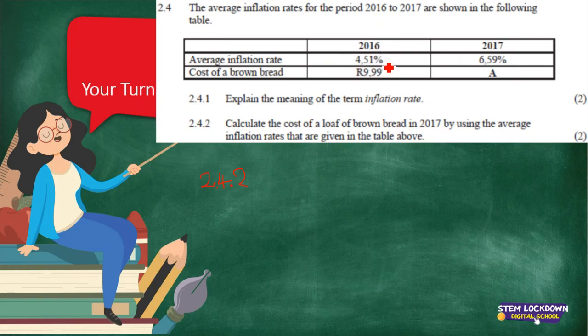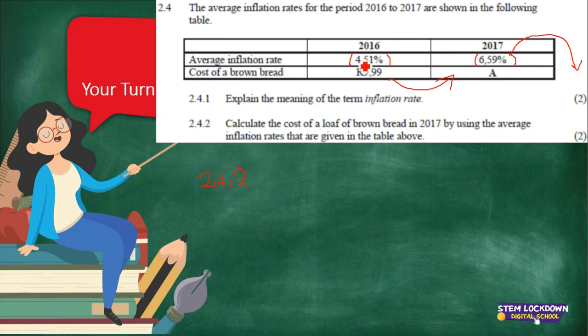For this year, the increase was 4.51%, so this will tell us what the price of bread will cost in the following year. And 6.59% tells us that for this particular year, the increase in inflation was 6.59, so this percentage we'll use to calculate next year's amount.